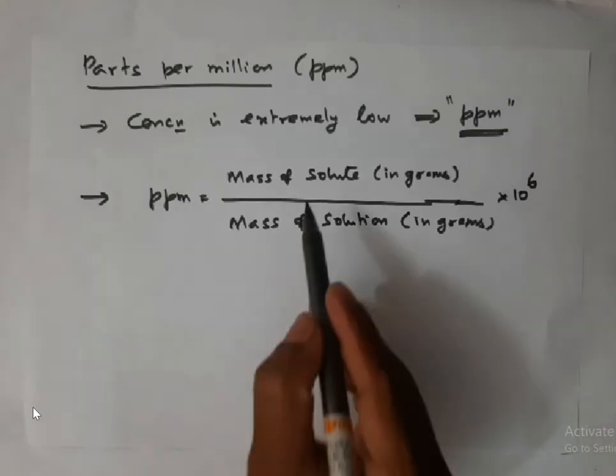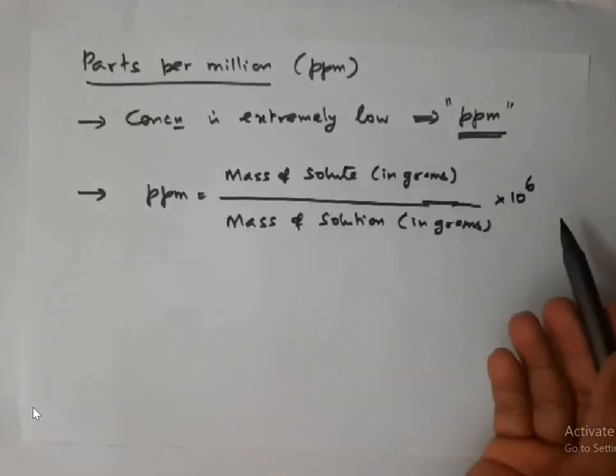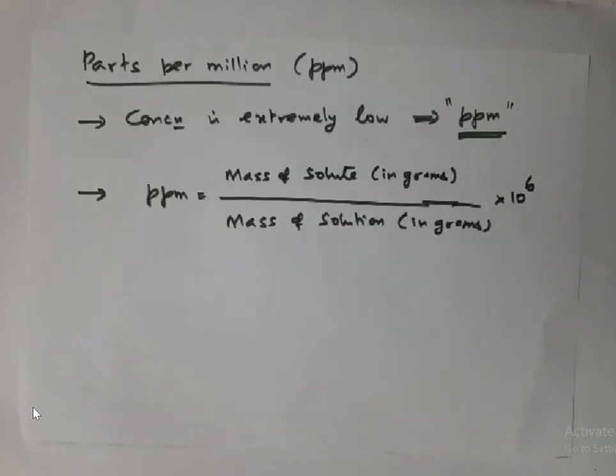So you require mass of solute and mass of solution. If you divide these two and multiply by 10 power 6, you'll get ppm.